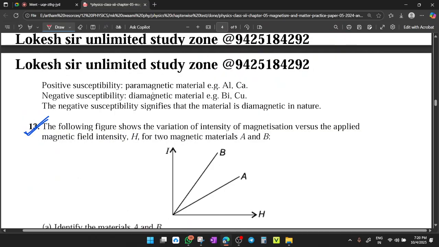Positive susceptibility materials are paramagnetic, like aluminum and calcium. Negative susceptibility materials are diamagnetic, like bismuth and copper. Negative susceptibility signifies that the material is diamagnetic in nature. Clear?